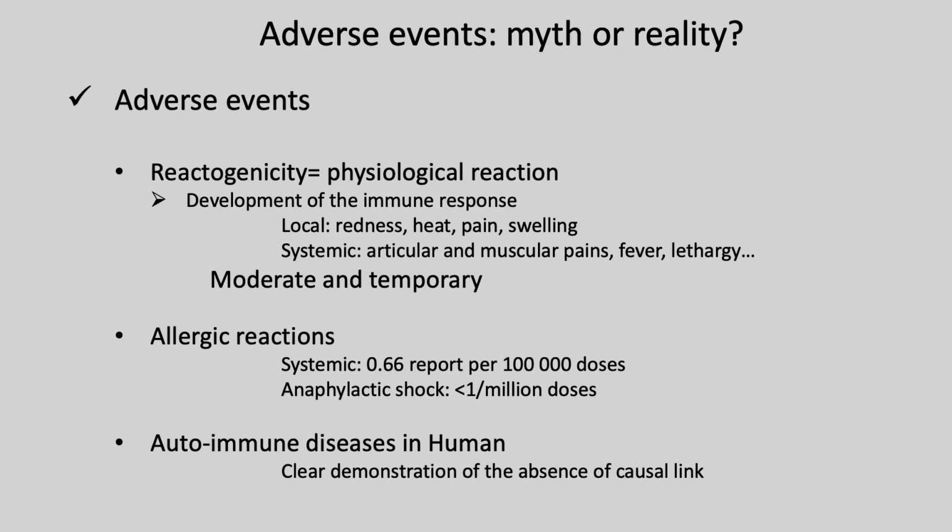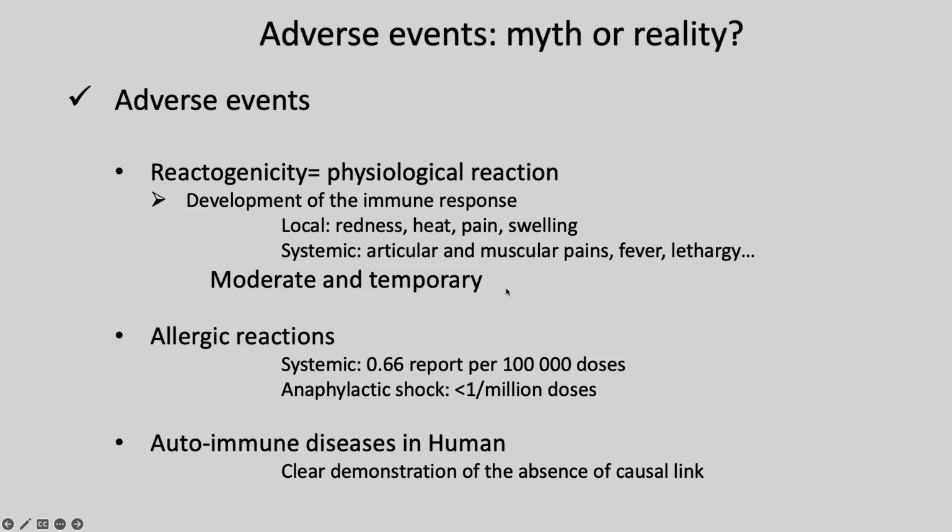And what we see in vivo when an immune response starts is either a local inflammation with redness, heat, pain, swelling, you know what I mean, or a systemic inflammatory response, and you can have articular and muscular pains, a little bit of fever or lethargy. It is important to remember that reactogenicity is physiological, but it has to be moderate and temporary.